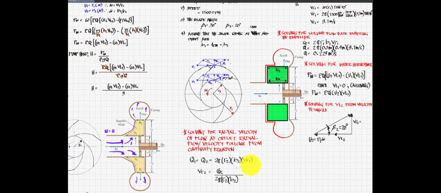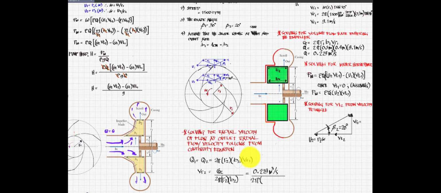We can substitute the volume flow rate at point 2, since they are equal, so we have 0.229 cubic meter per second, divided by 2 pi times the radius 2.